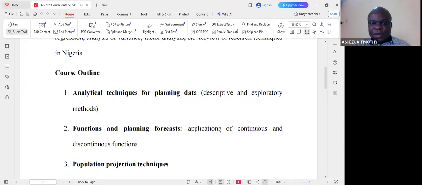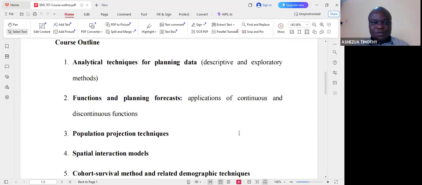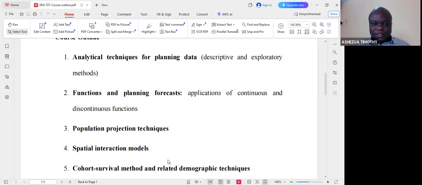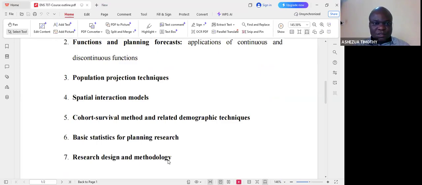We'll take particular examples of continuous and discontinuous functions. Thereafter, we'll proceed to looking at population projection techniques. Then we'll look at spatial interaction models. Next will be the cohort survival method and related demographic techniques.